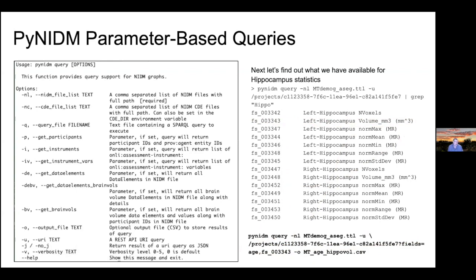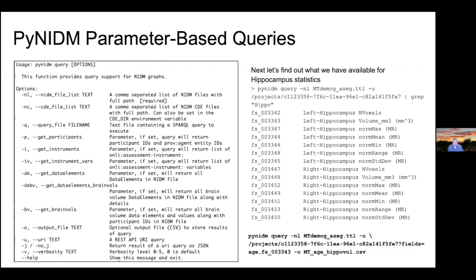So what we're trying to do in ReproNim is provide certain functions where you don't need to learn the SPARQL, right? So we can embed the SPARQL behind the Python tools itself. That makes it easier for users to do common functions.